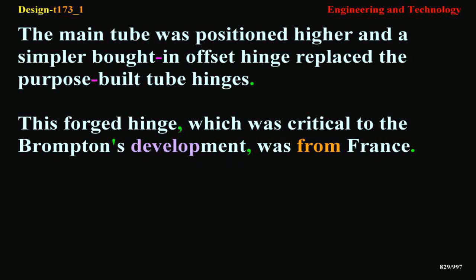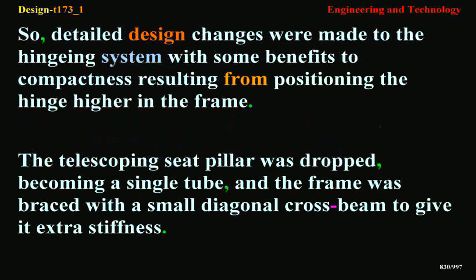This forged hinge, which was critical to the Brompton's development, was from France. So detailed design changes were made to the hinging system, with some benefits to compactness resulting from positioning the hinge higher in the frame. The telescoping seat pillar was dropped, becoming a single tube, and the frame was braced with a small diagonal cross beam to give it extra stiffness.